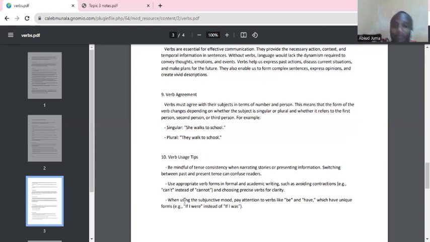Then we also have verb usage tips. You must be mindful of tense consistency. When narrating stories or presenting information, switching between past and present tense can confuse readers.